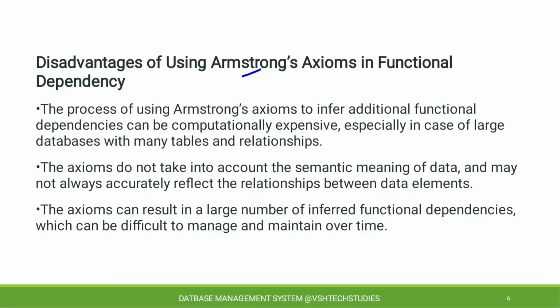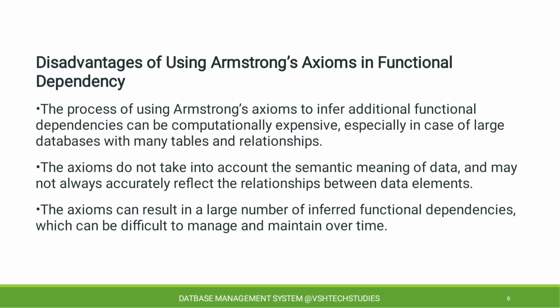Disadvantages of Armstrong's axioms for functional dependencies in DBMS are: the process of using Armstrong's axioms to find additional functional dependencies is computationally expensive, especially in case of large databases with many tables and relationships.